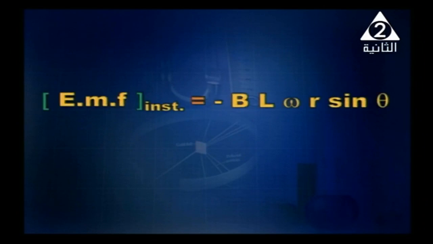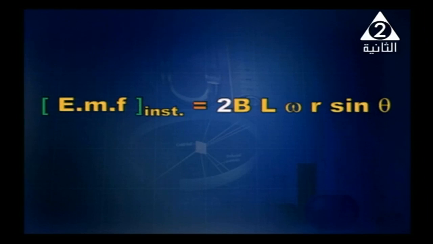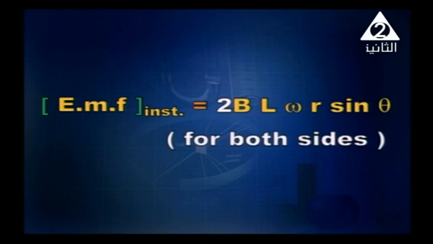It is equal to minus BL, and instead of V, omega R, sine theta. This is the induced EMF in one side. For one side, it is minus BL omega R sine theta. For two sides, it is 2 BL omega R sine theta. Okay, that's for both sides.